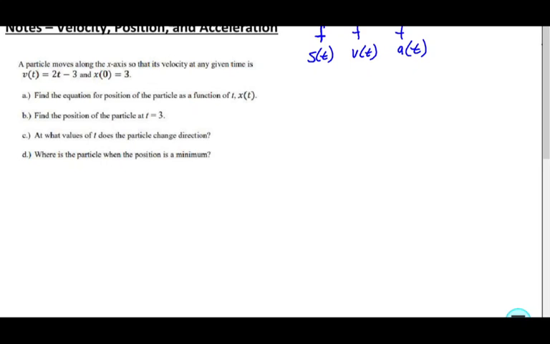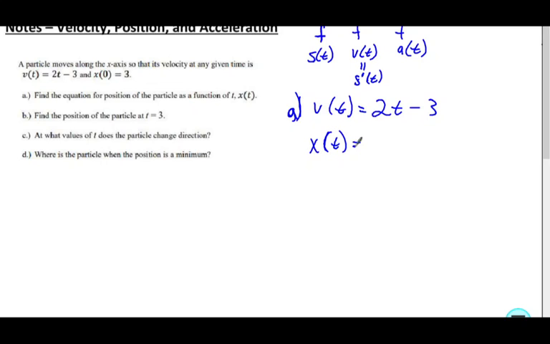Well, if we take the derivative of position, we get velocity. That means if we go the other way, if we take velocity and take the antiderivative, we get position. So that's part A. We start with v of t, and this is a really simple one because we've done it a million times.